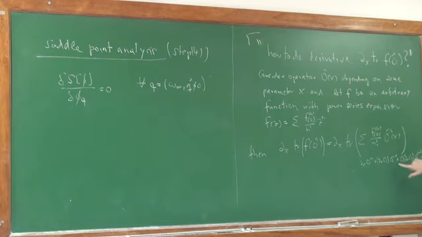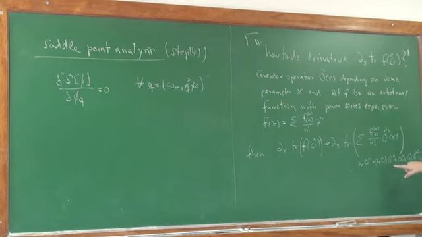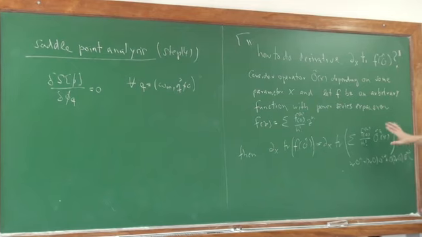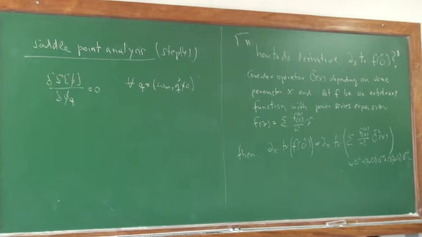So del x of O times O^(n-1) plus O del x O times O^(n-2) are generally different operators. Okay, so you have a long series of terms, and there's no reason why they are the same.